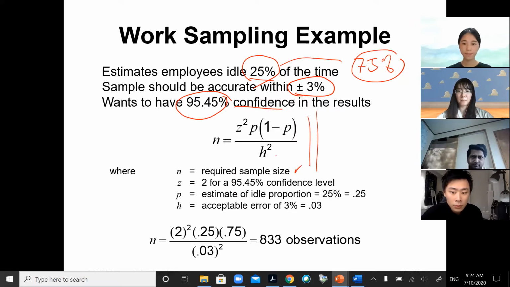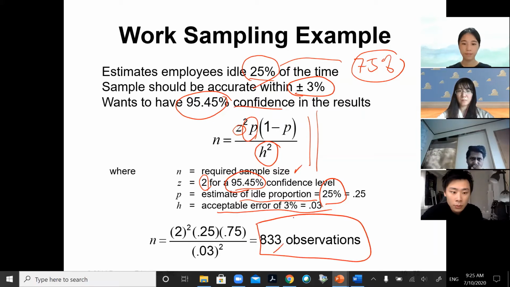For 95.45%, Z equals 2. The estimate of the proportion is 25%, so P is 0.25. So P times 1 minus 0.25, divided by the squared acceptable error. In this case, we need to observe 833 times.